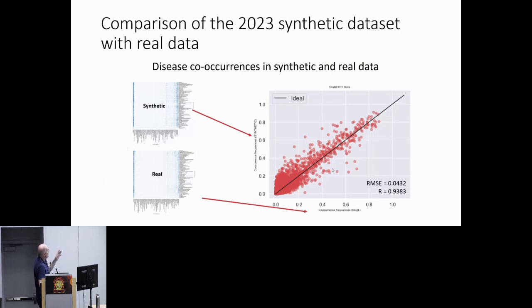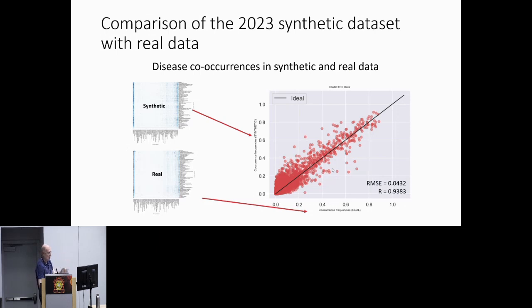This is more interesting. This is the disease co-occurrences. And the disease co-occurrences are quite consistent, right? This is important because it's learning that after this disease comes the other one.